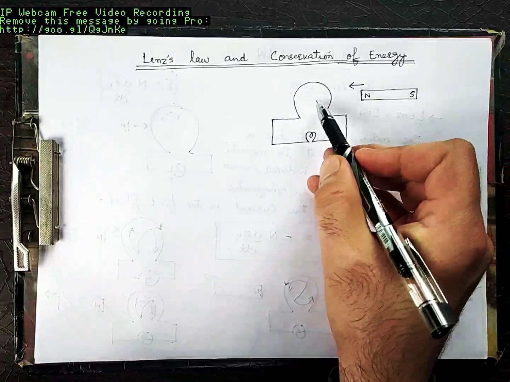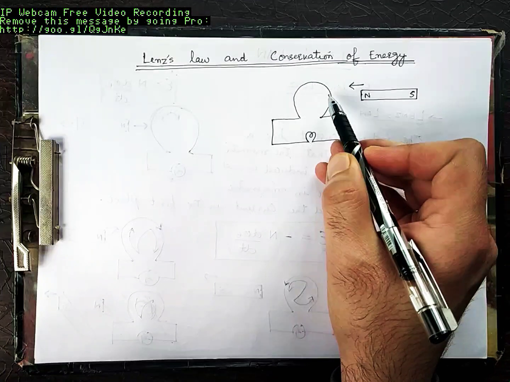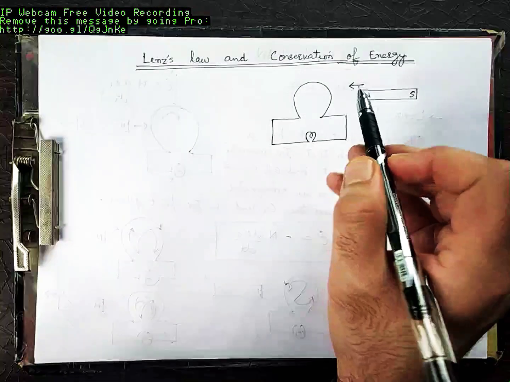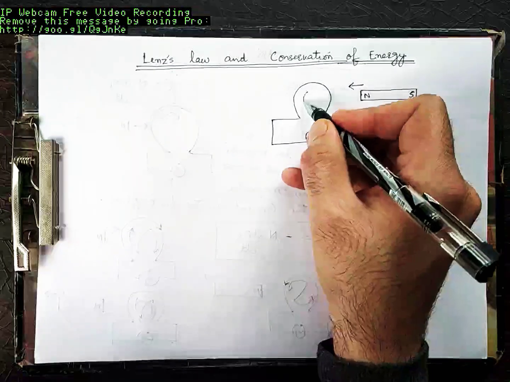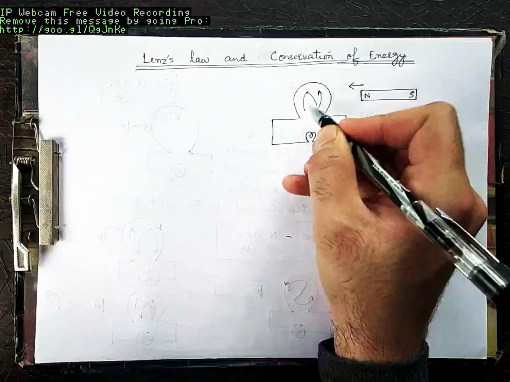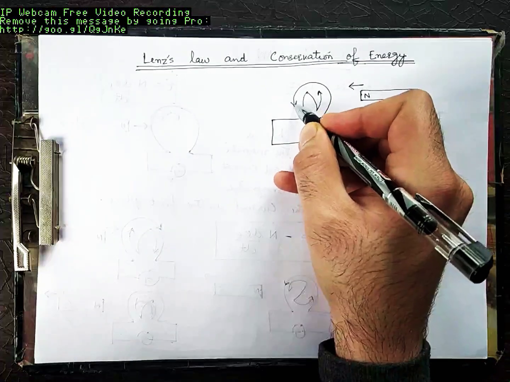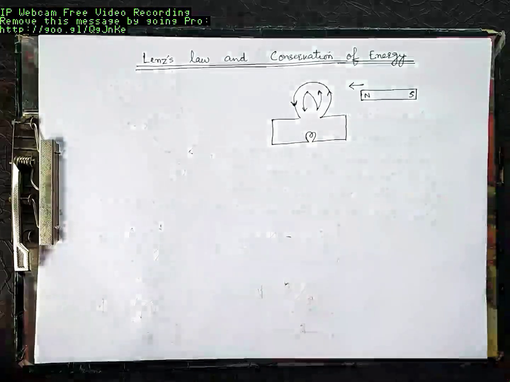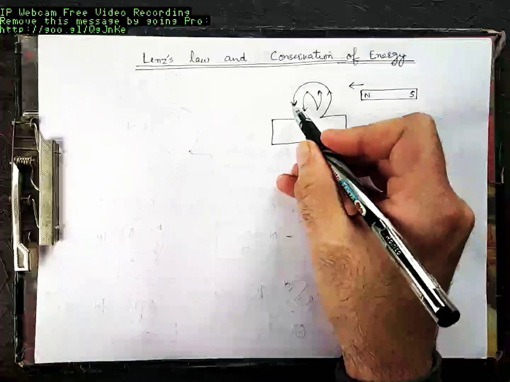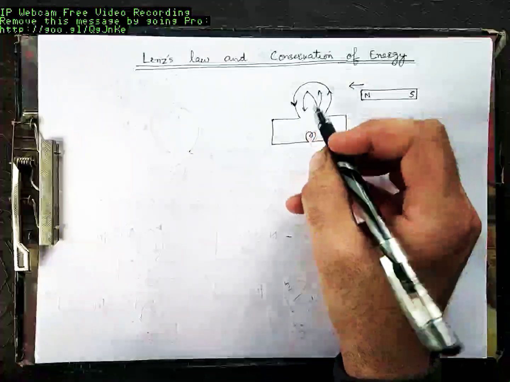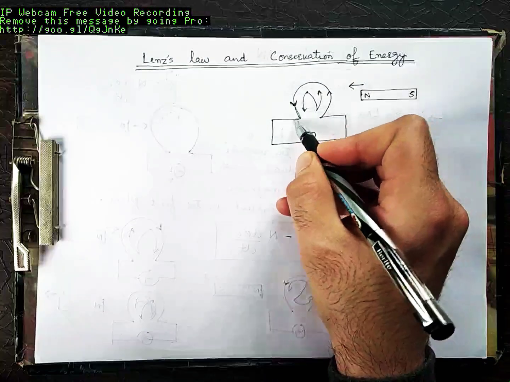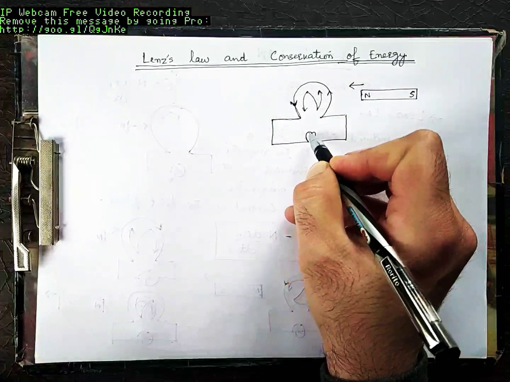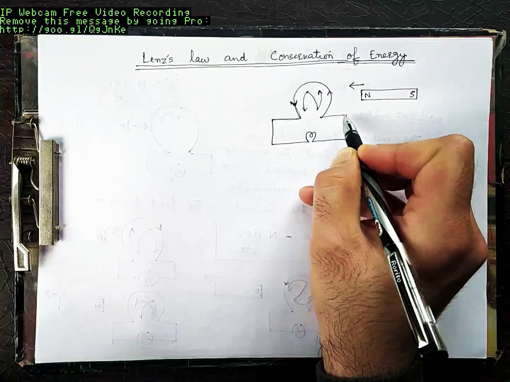How can this coil oppose the advance of the north pole towards the coil? By making this side a north pole. So current should flow in this direction, anti-clockwise. When this current flows anti-clockwise, current comes from here, goes here, goes through the lamp, comes back here. So this is a complete circuit.